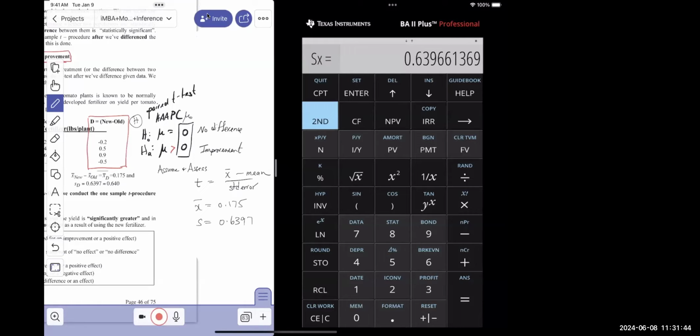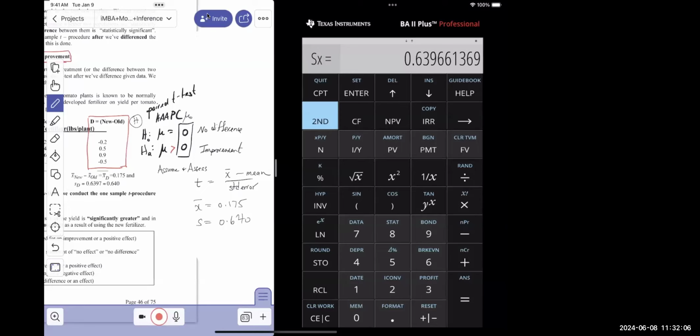I held 4 decimal places. My data has 1 decimal place. Usually I hold 2 more, but I held 4 in this case. Oh no, I rounded it to 3. So I'm going to round that to 3.64. Okay, are you guys with me?